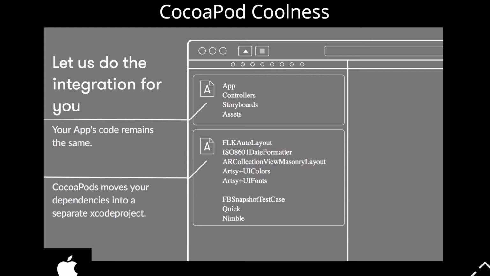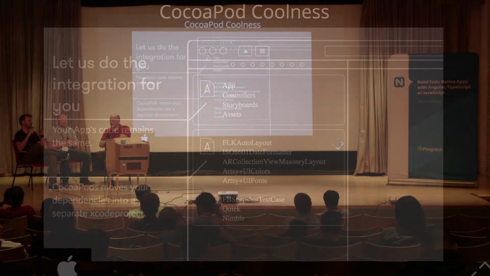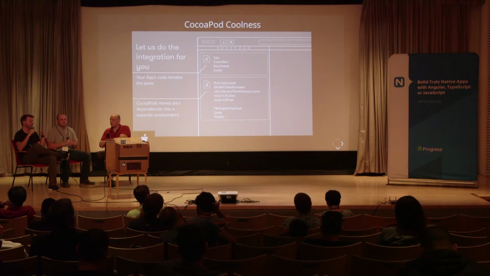This is important to understand because when you start integrating with CocoaPods, there are actually two Xcode files that are generated. Generally, when you create an iOS project, there's one single Xcode project file, but the second you start integrating with CocoaPods, you'll have two. One is a workspace file, and the workspace file brings the two worlds together.